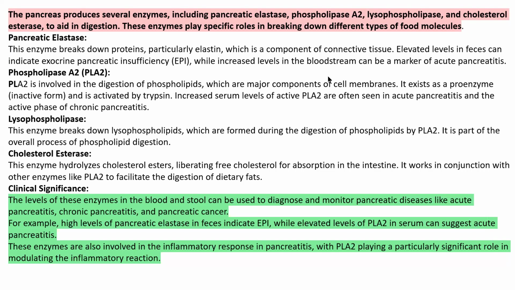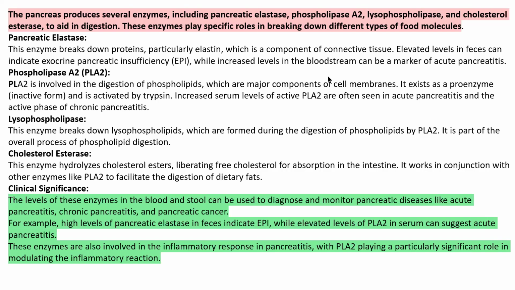So when there is an increased level of pancreatic elastase in feces, it indicates a problem of exocrine pancreatic insufficiency. If there is an increased level in your blood, it indicates acute pancreatitis.